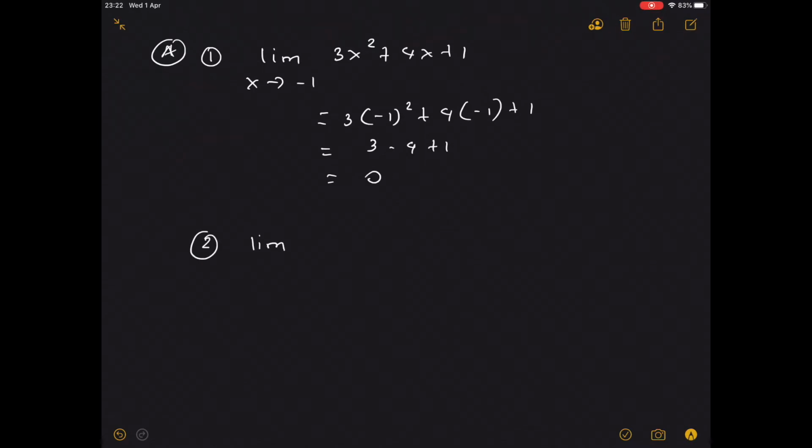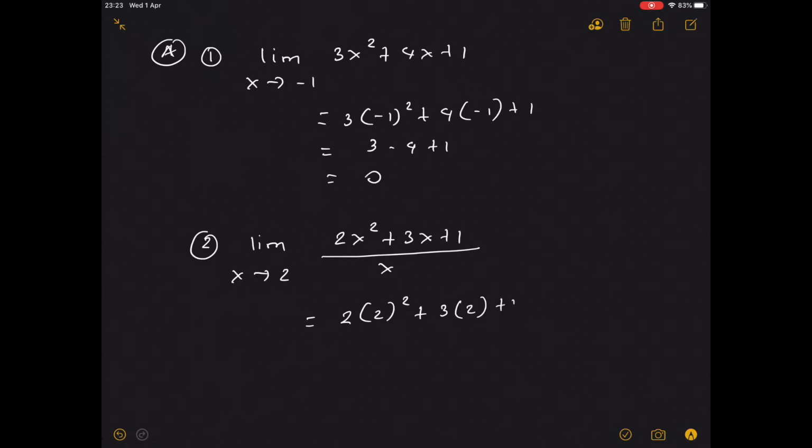The limit when x approaches 2 of the function 2x squared plus 3x plus 1 all over x. So we try to substitute. You will have 2 times 2 squared plus 3 times 2 plus 1 all over 2.